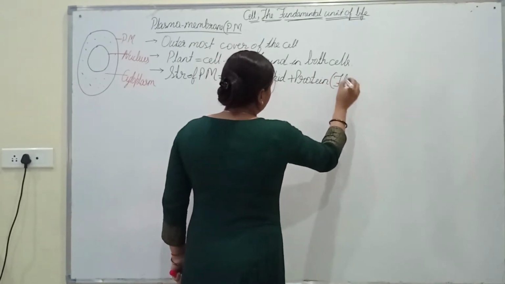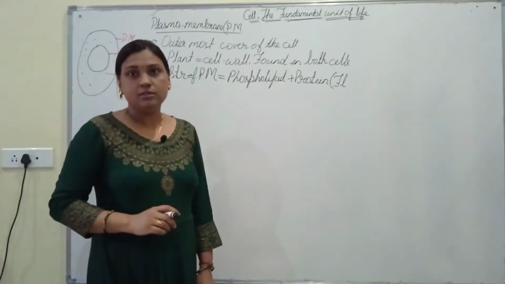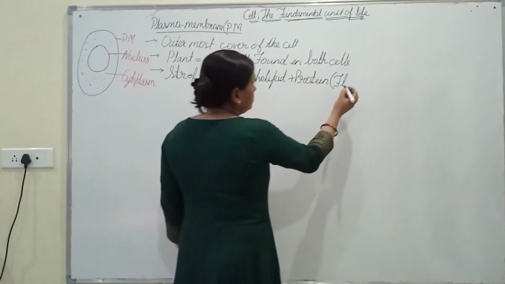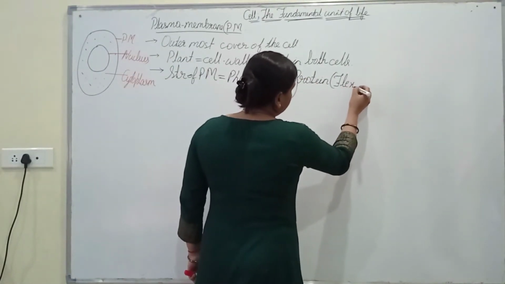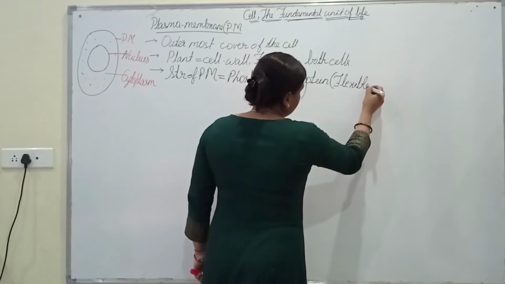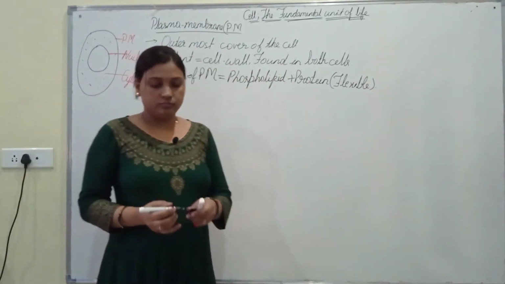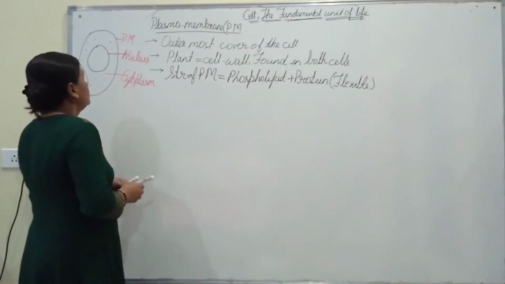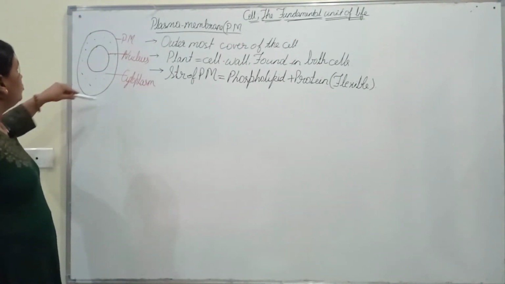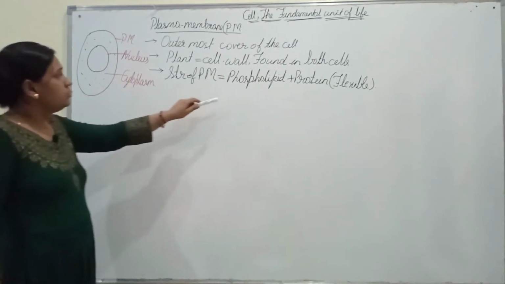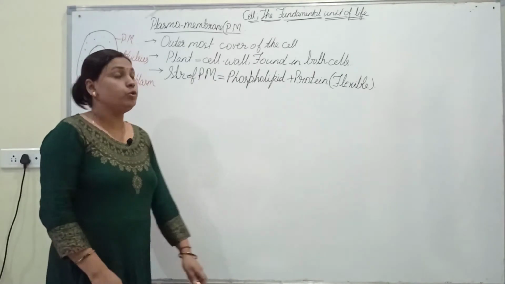Because of the presence of phospholipids and proteins, its outermost layer is also flexible in nature. So this is the outermost layer, plasma membrane, and it is made up of phospholipids and proteins.